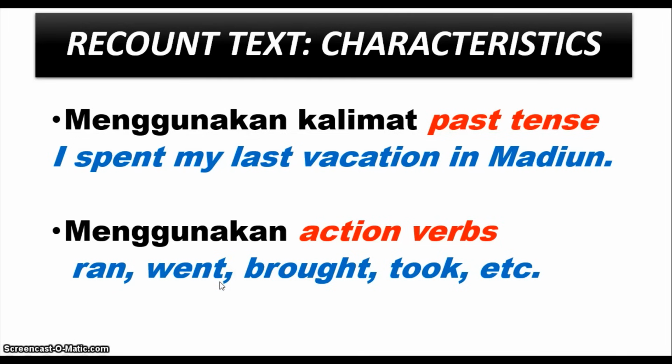So you can see people run, right? You can see people go. You can see people bring or browse here because it is in the past form. And then you can see people take something. That's what we call action verbs. So most verbs used in this context are in the form of action verbs. Not all of them, but most of them.